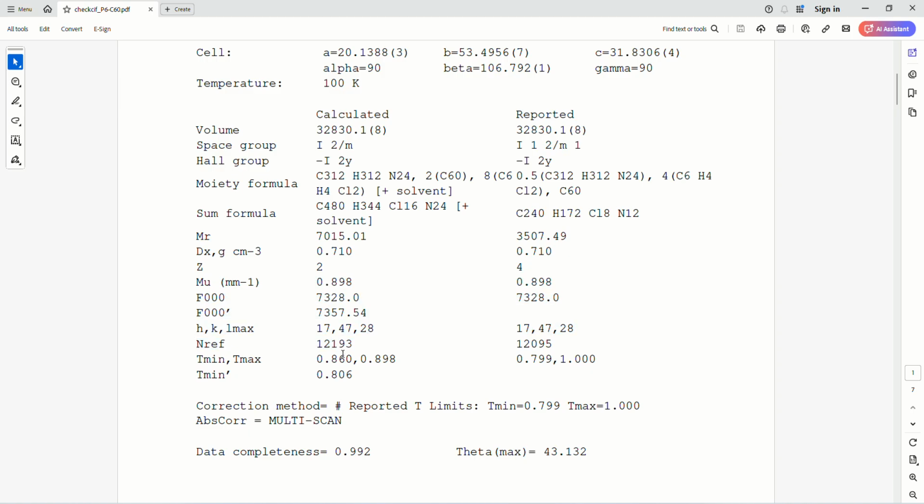So if you have a perfectly good data set with beautiful reflections, the crystal is single, but something's wrong with all of your ADPs, that might mean something else. Maybe your space group is wrong, maybe you have some modulation in the structure, and in these cases that wouldn't be a publishable model.